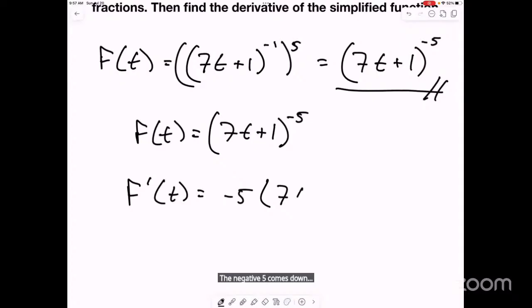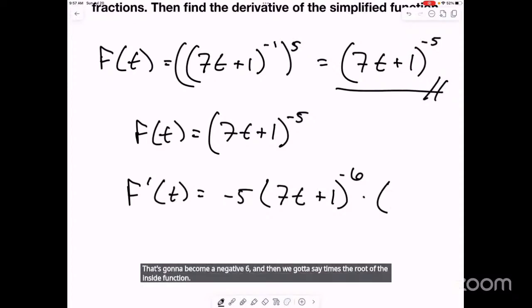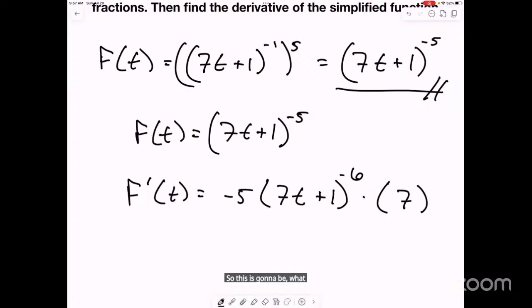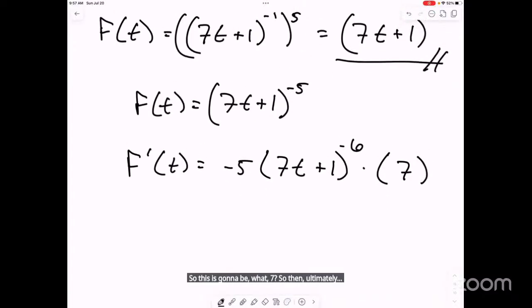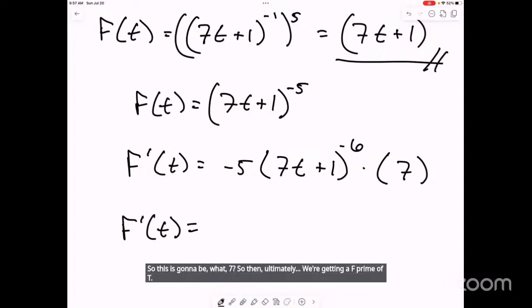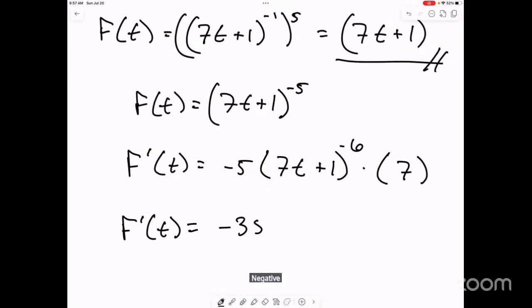So we're applying the chain rule here. That's going to become a negative 6. And then we got to say times the derivative of the inside function. So this is going to be what, 7? So then ultimately, we're getting that f prime of t, negative 35, 7t plus 1 to the power of negative 6.